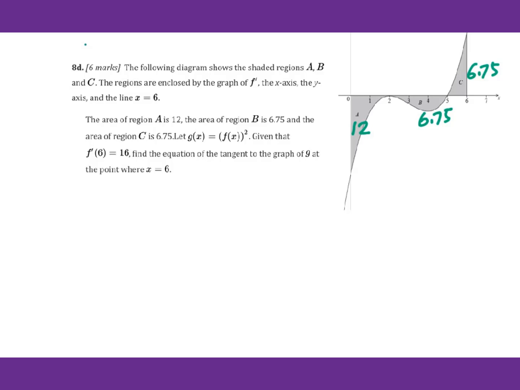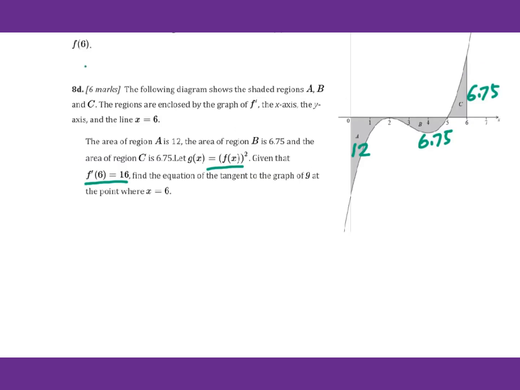Let g of x equal f of x squared. Given that f prime of 6 equals 16, find the equation of the tangent to the graph of g at the point where x equals 6.